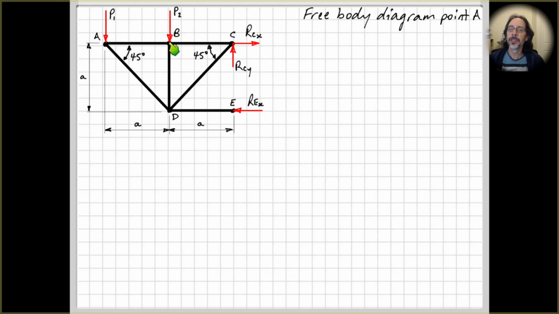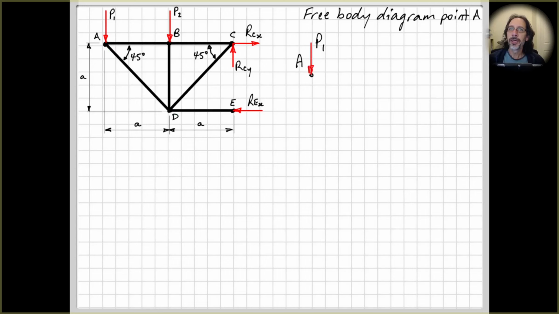Whereas if we did a free body diagram of point B here, we're going to have 3 unknown forces. Right? So we won't be able to solve for anything straight away. Down here at point D, we'll have 1, 2, 3, 4 unknown forces and no known input. Right? So we're not going to be able to solve for anything there straight away. So point A is where we start from.